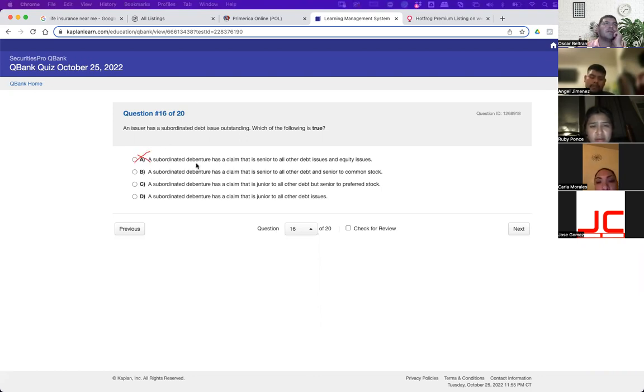B, a subordinate debenture has a claim that is senior to all other debt and senior to common stock. No, that's wrong. And then C, a subordinate debenture has a claim that is junior to all other debt, but senior to preferred stock. That sounds right.